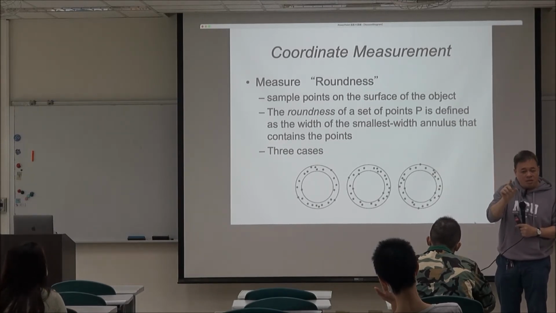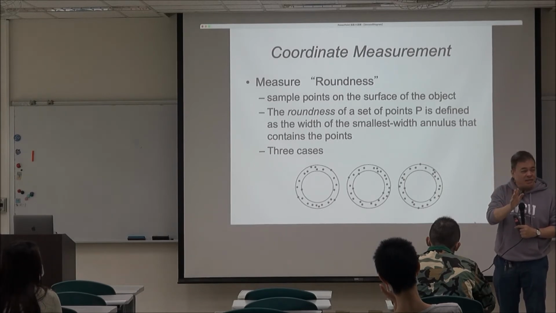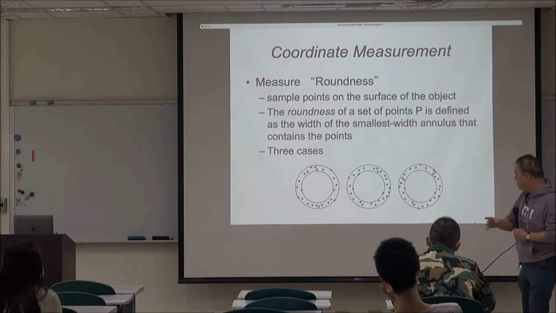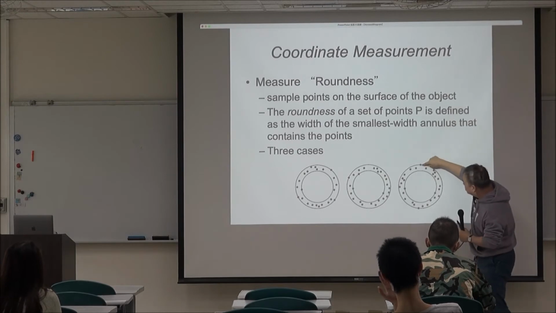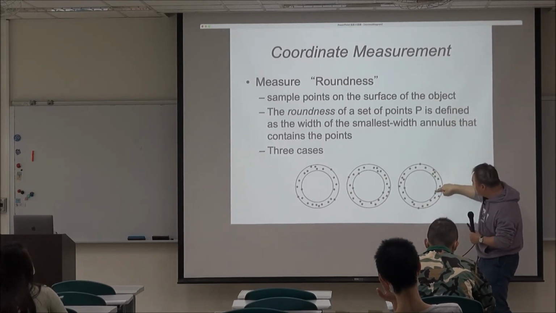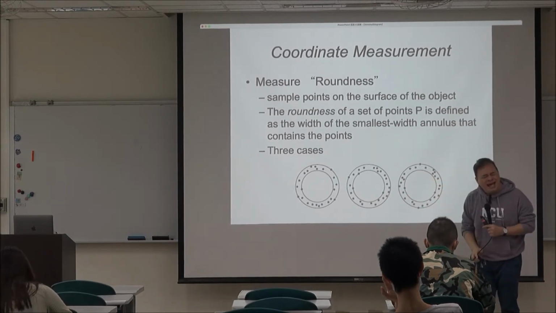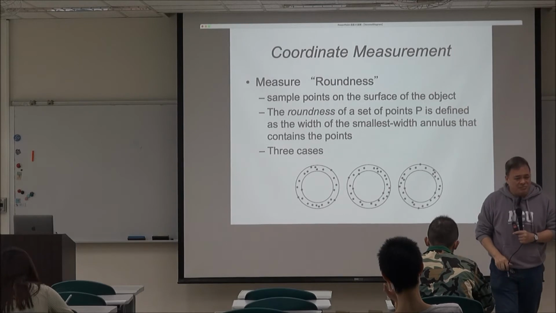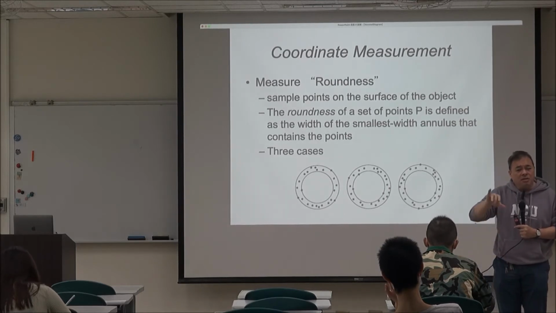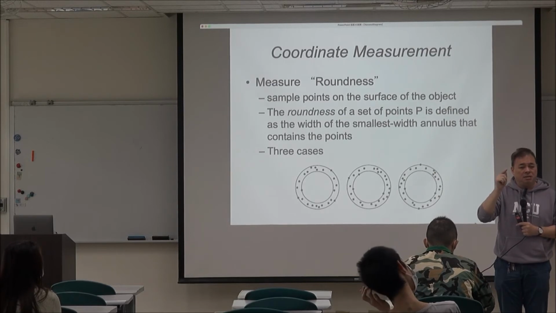But now, with the constraint that they need to be at the same center. You can see the outer circle goes past two points, and the inner circle goes past two points. But these points are not chosen arbitrarily, because the outer circle and the inner circle need to share the same center.